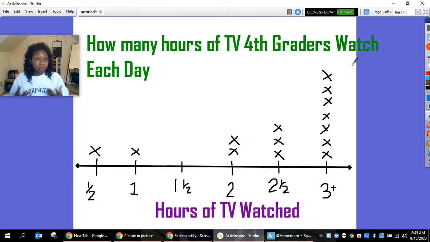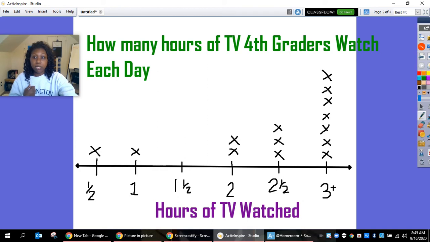So we're almost through with our data collection process. Now that we have represented our data, now we need to analyze it. We need to be able to understand it. We need to be able to talk about our minimum, our smallest value. I see that our smallest value is 1/2 hour. So the minimum number of hours a fourth grader is watching TV is 1/2 hour.